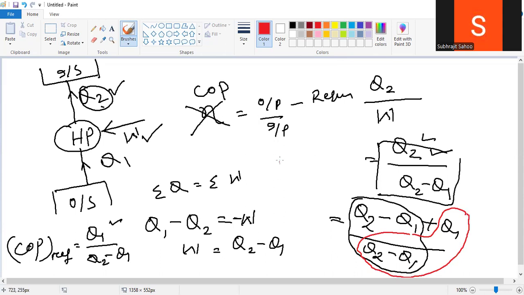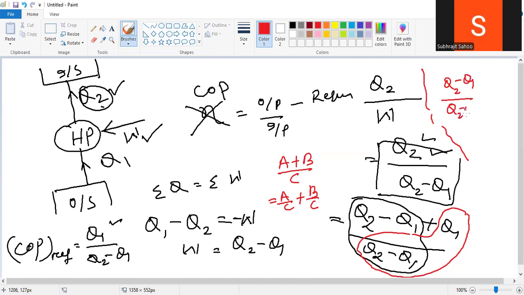Okay? Sir, A plus B by C, we write A by C plus B by C. The same way: Q2 minus Q1 by Q2 minus Q1, and Q1 by Q2 minus Q1. See, here I will do Q2 minus Q1 by Q2 minus Q1, so it will be cancelled, it becomes 1. Plus Q1 by Q2 minus Q1.